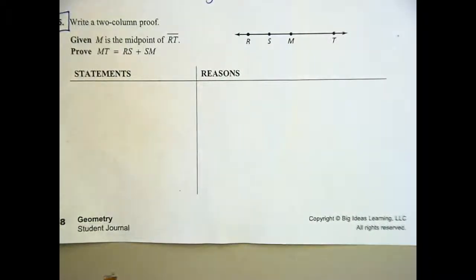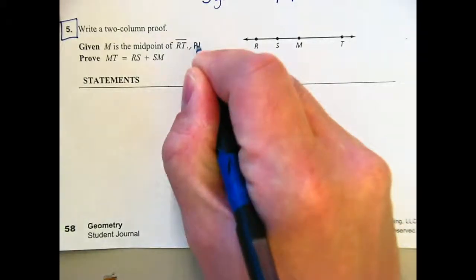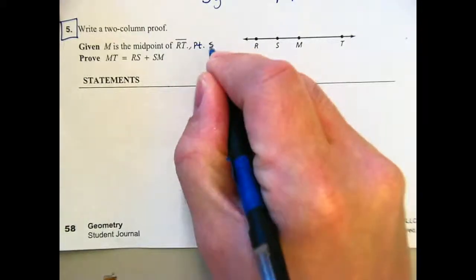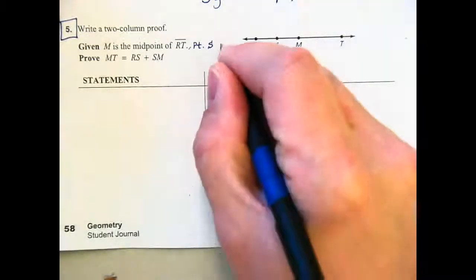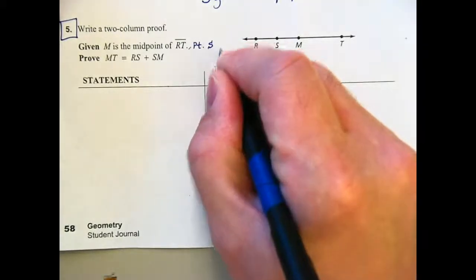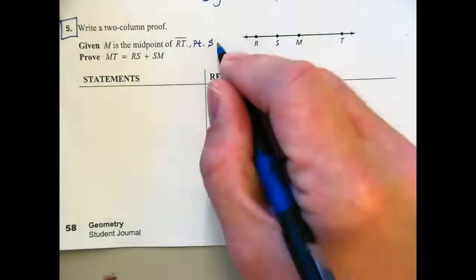KJ? Yeah, we should actually be saying that point S lies between point R and M on the line. Does it bisect it? It doesn't bisect, it's just point S lies between point R and M on line RT.